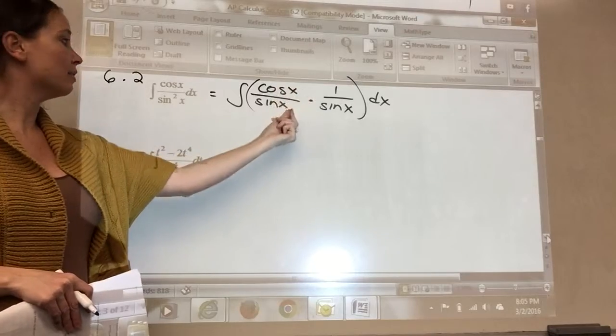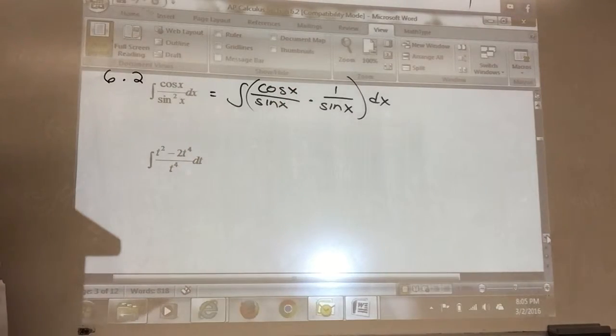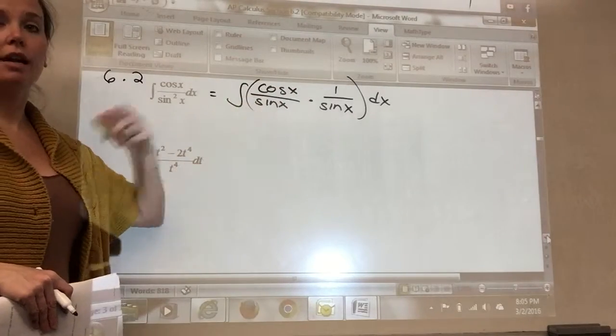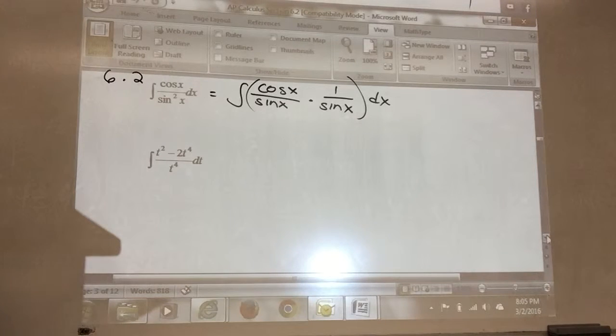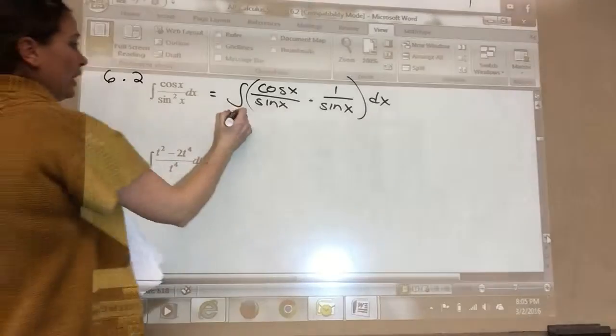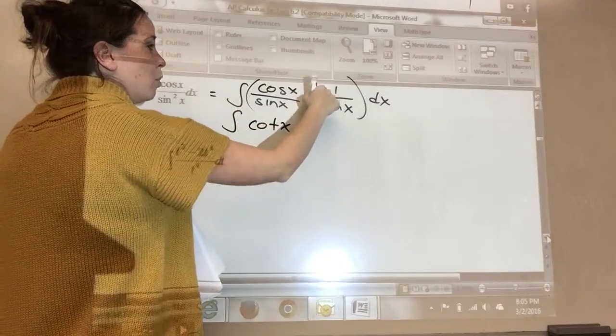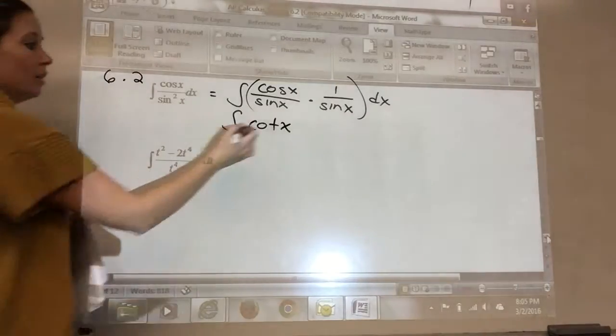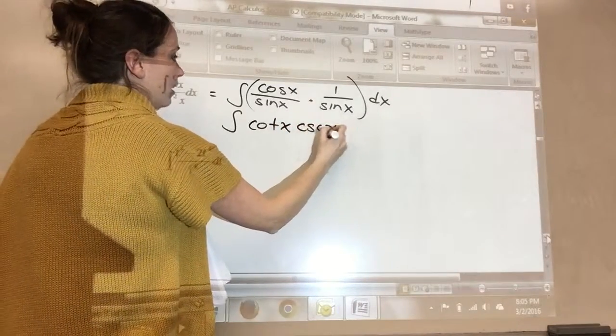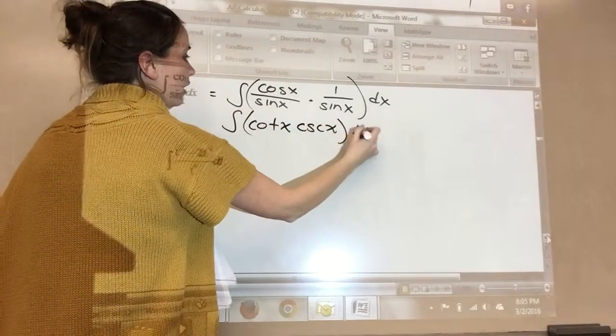If I were to multiply this back together, it's identical to what I have. Now, what's the cosine over sine? Did we say cotangent? Okay, hopefully. So we have the cotangent of x, and what's 1 over sine? Hopefully you're thinking cosecant of x dx.